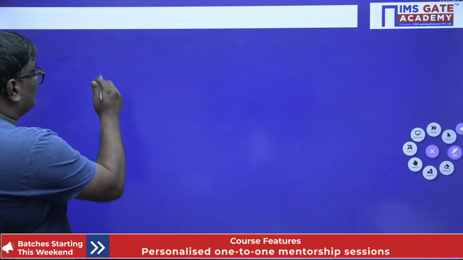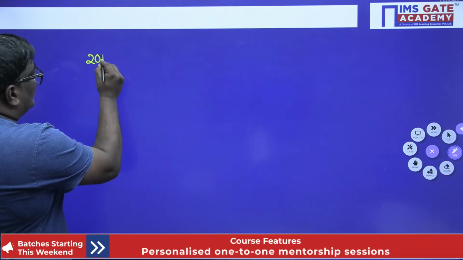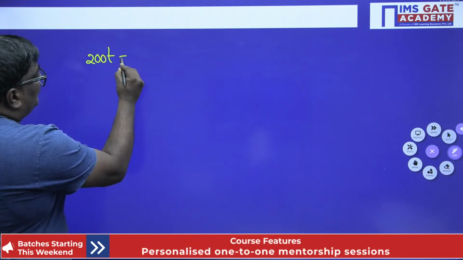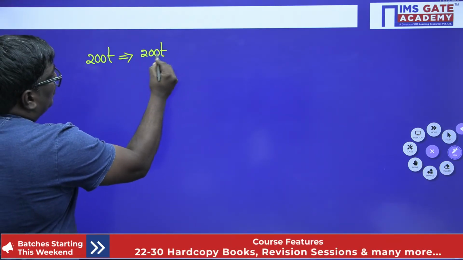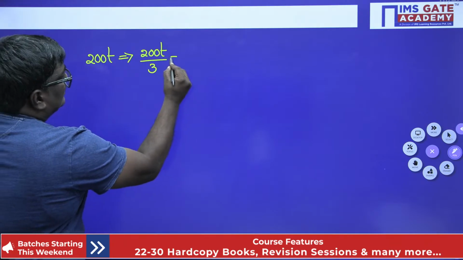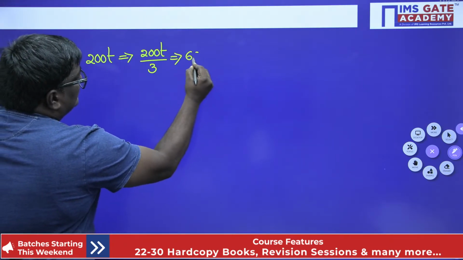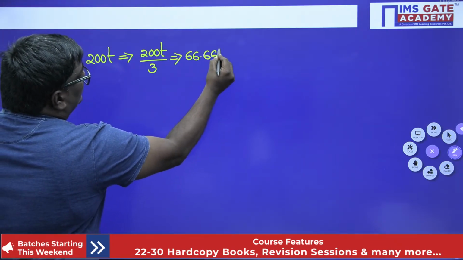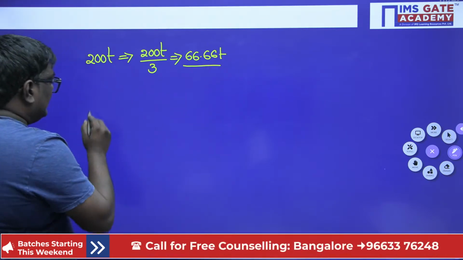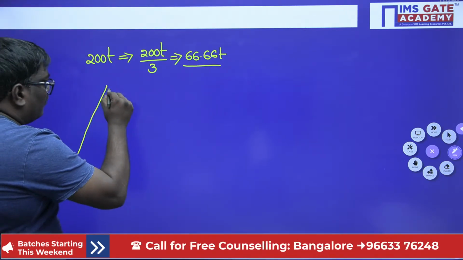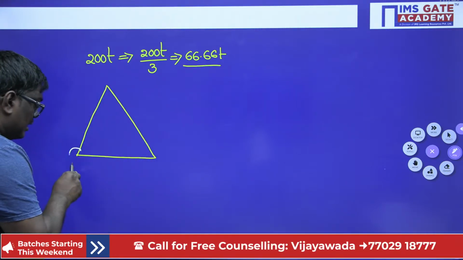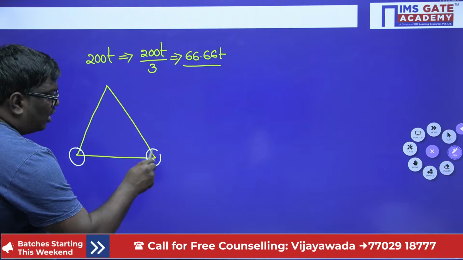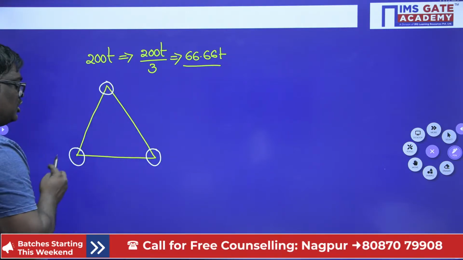So here, whatever the total load 200 tons, it will be distributed equally on each column. So that will be equal to 200 tons by 3, that will be equal to 66.66 tons. So the load on each column, how much it is distributed, sir?